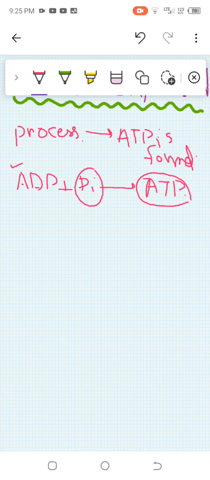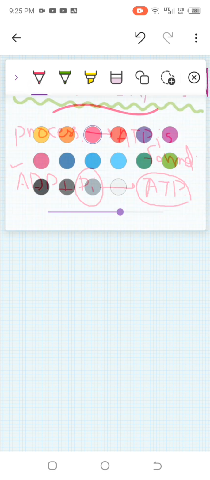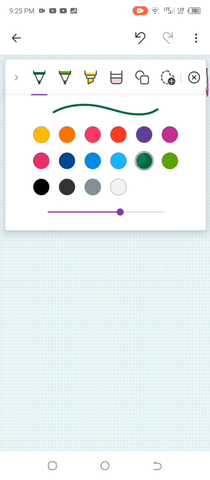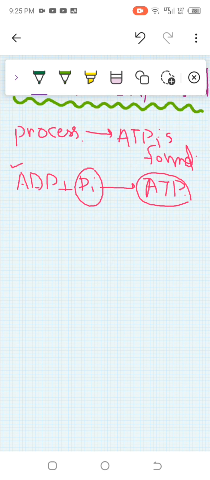Now ATP can be formed in three types. Here I'm going to write three types.